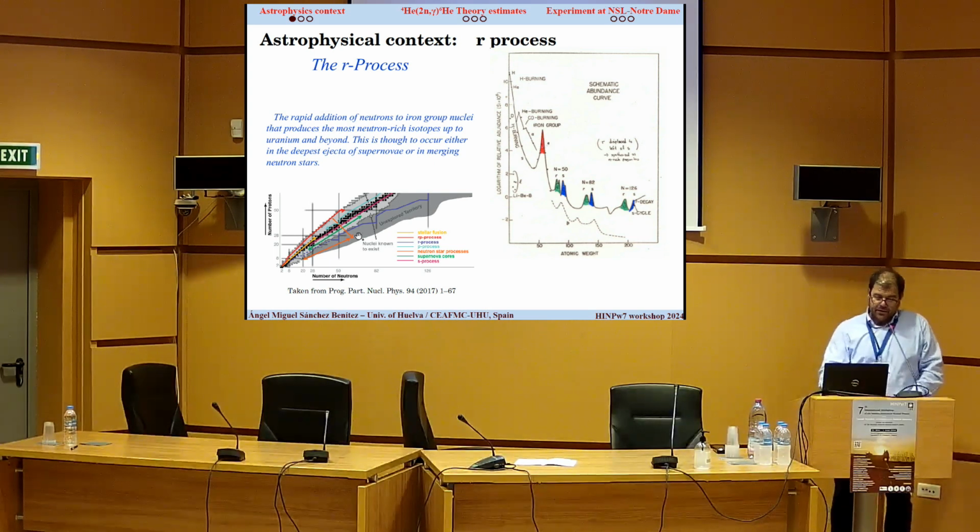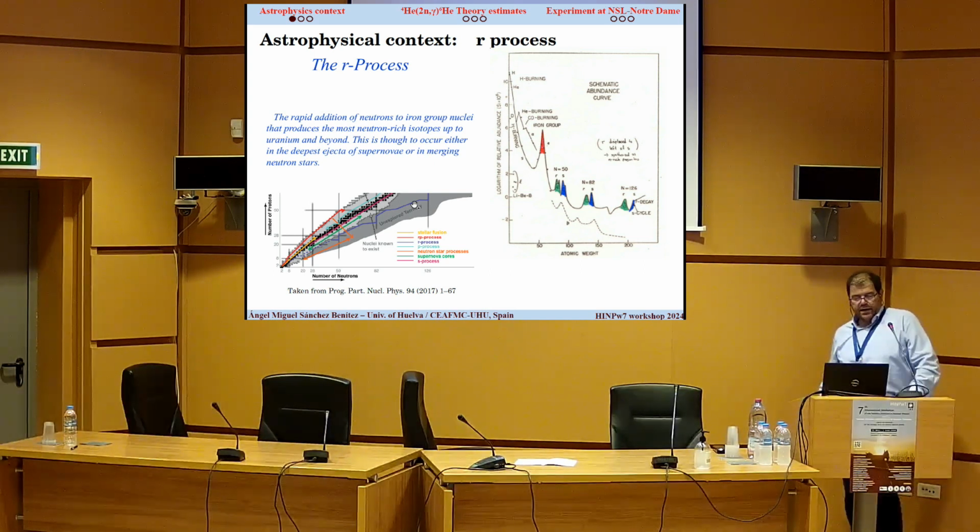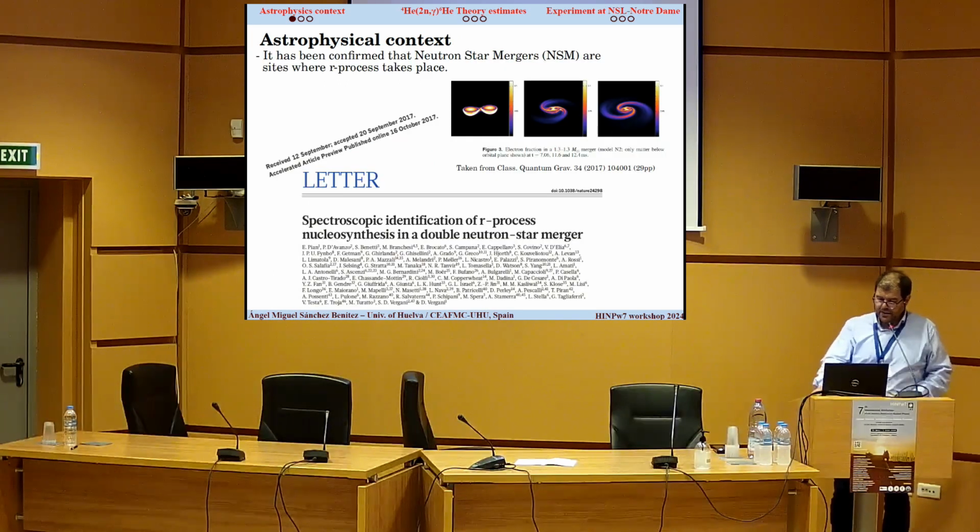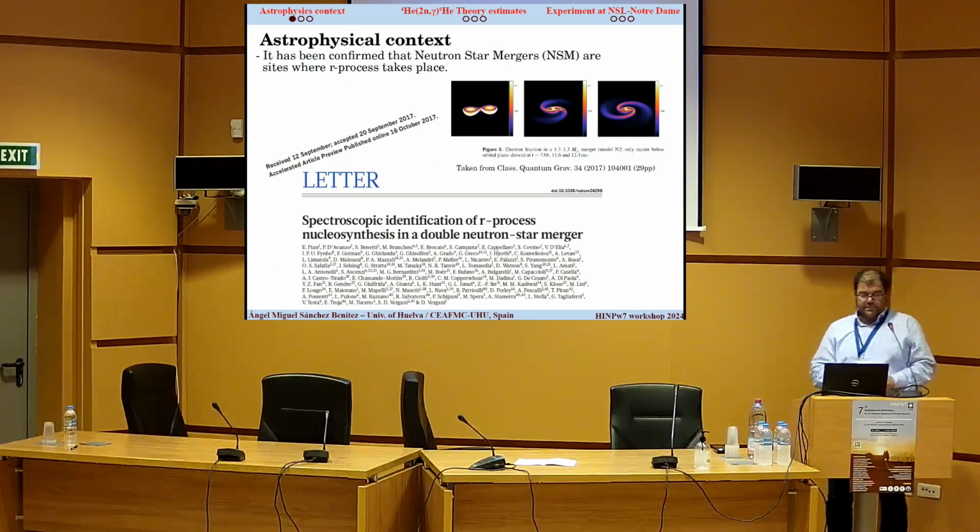Here we find a schematic path of the R process, which moves through the very exotic neutron-rich side of nuclei.